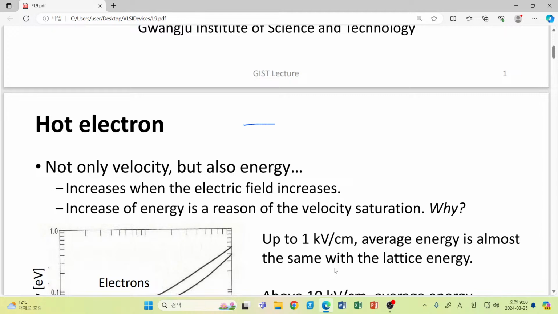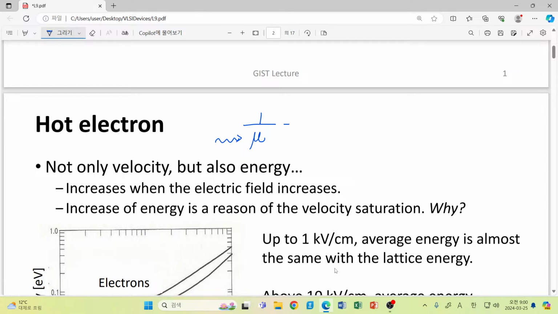If we write the mobility as just mu, we can also think about different mobility values limited by only one scattering mechanism. For example, we can define a phonon limited mobility or an impurity limited mobility.